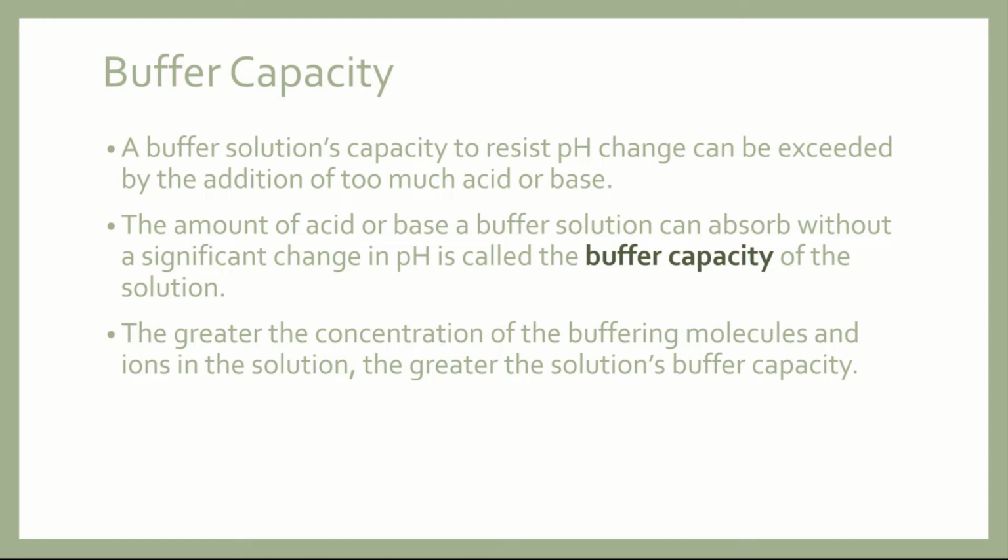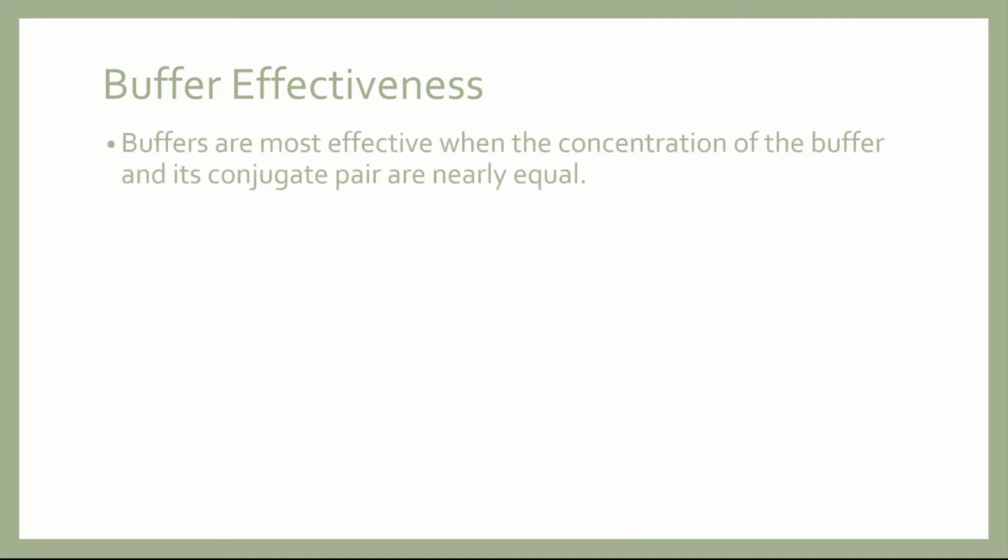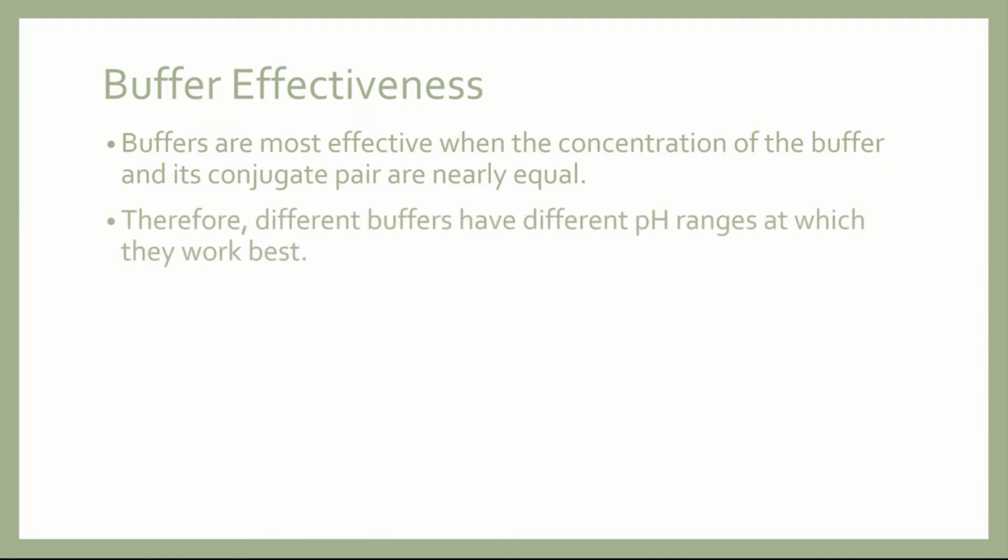And then it should go without saying, but the more of the weak acid and its conjugate base that you have, the greater the buffer capacity. So buffers are best when you have an equal amount of the acid and its conjugate base, or its dissolved form.